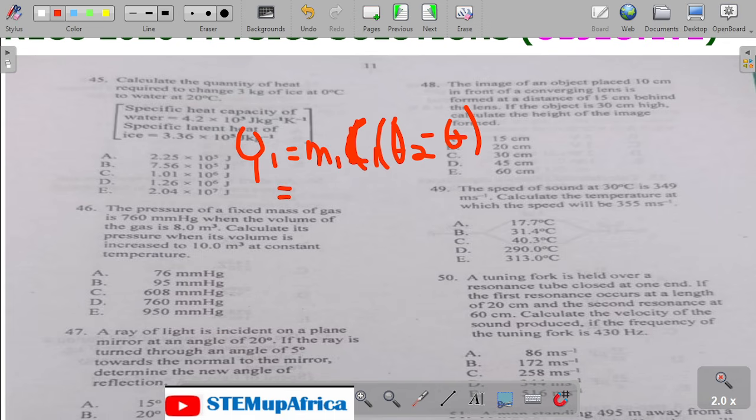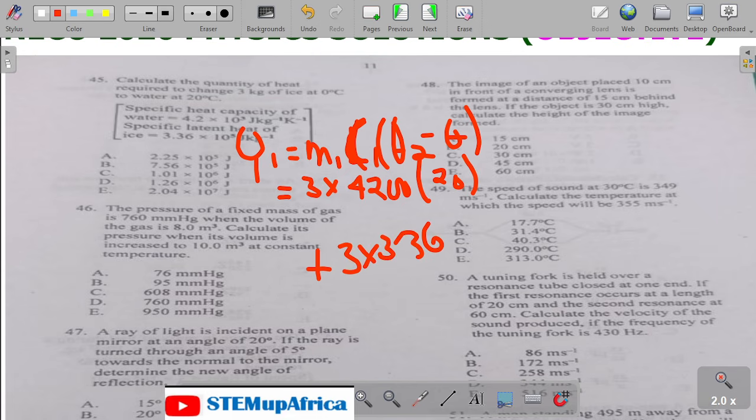So we have 3 times specific heat capacity 4200 times 20, plus 3 times 3.36 times 10 raised to the power 5.